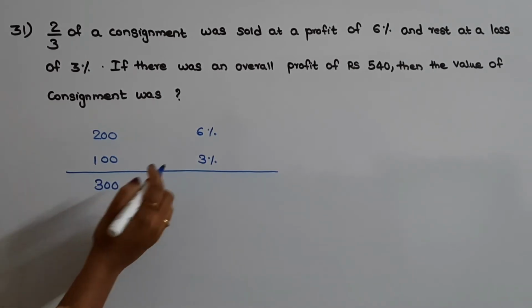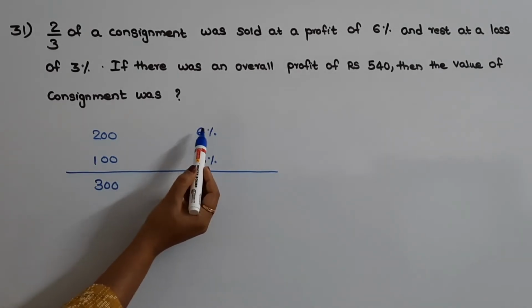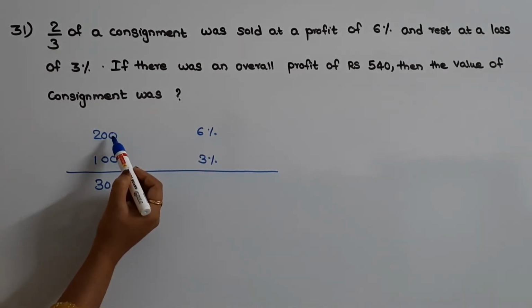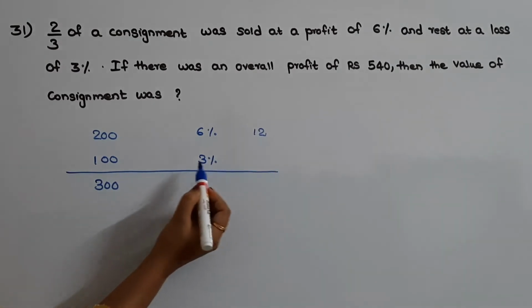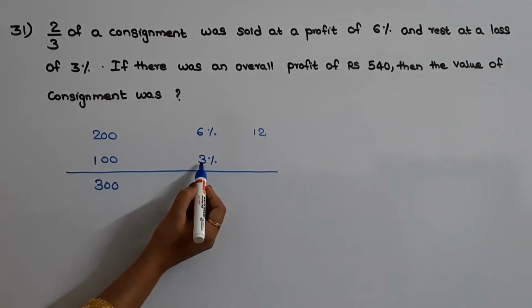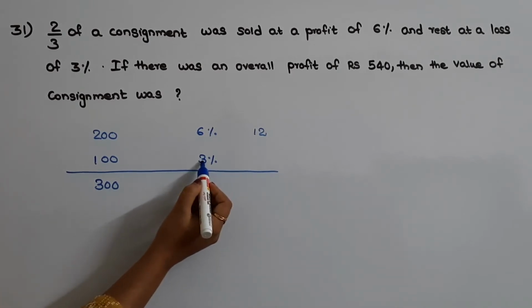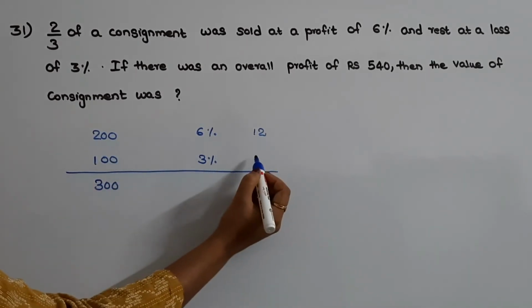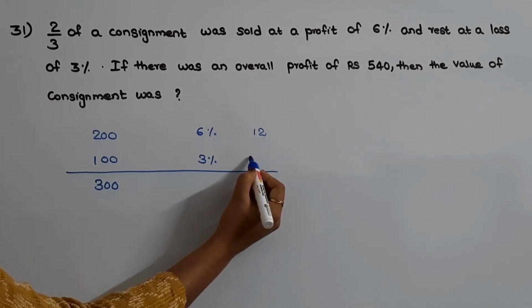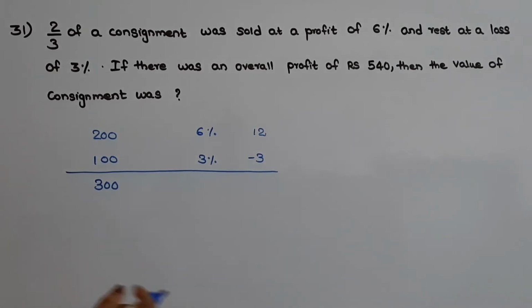Here in the first case the profit percentage is 6. Then what will be the profit? Profit will be 6% of 200, that will be equal to 12. Here the loss percentage is given as 3%. Then what will be the loss? That will be equal to 3% of this 100, that will be equal to 3. That is minus 3. Since it is loss, we need to take a negative sign.